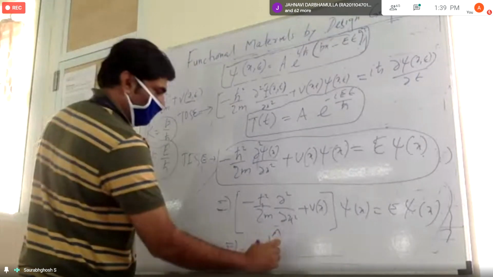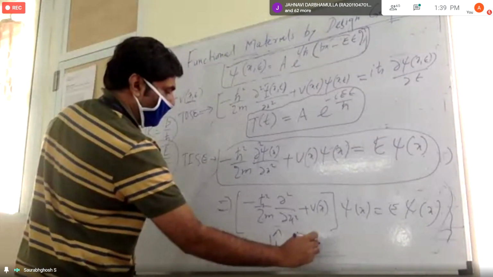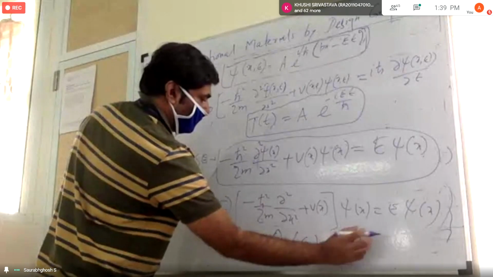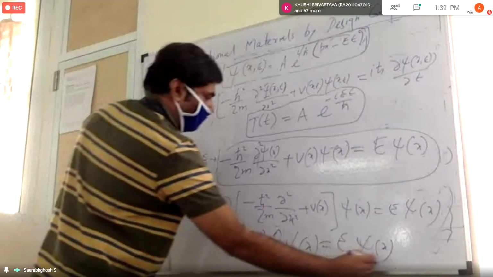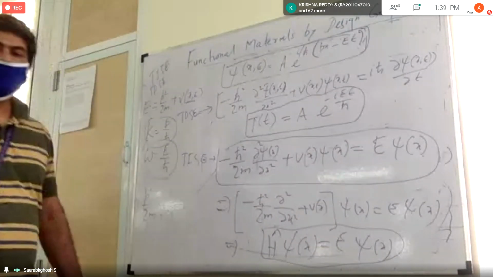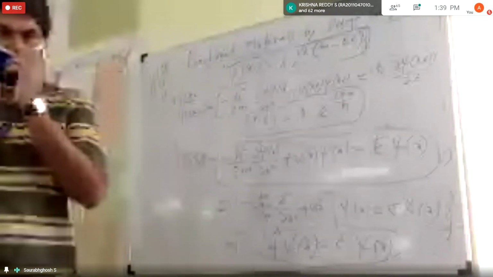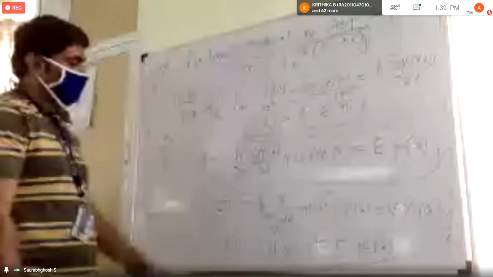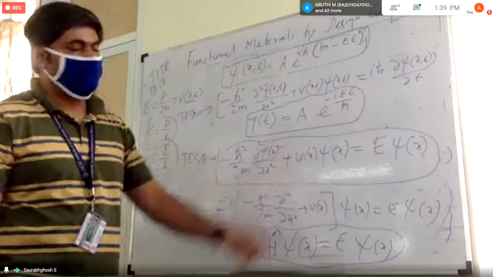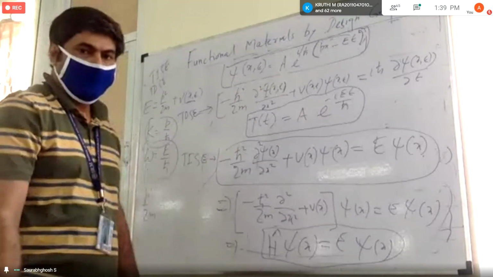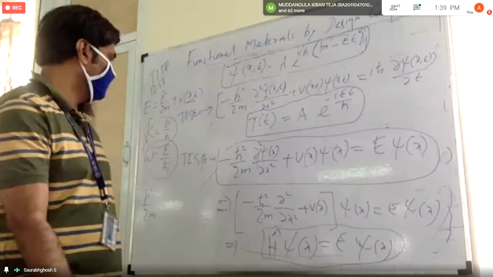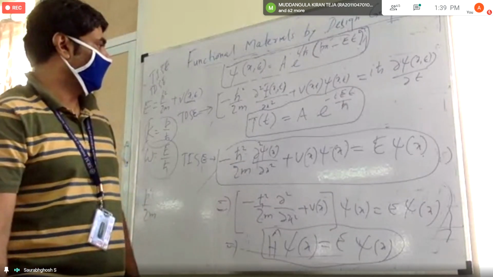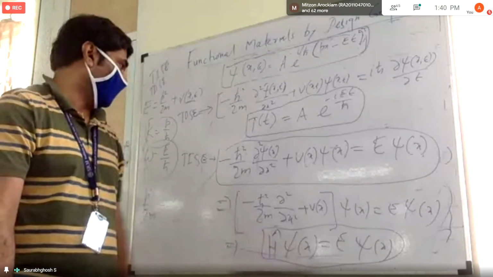The Hamiltonian operating on psi of x gives you E psi of x. So you operate the Hamiltonian on a wave function, you get that total energy which is discretized. So you have to guess the wave function psi and apply the boundary condition to solve this time independent Schrodinger equation, and finally you will get psi of x.